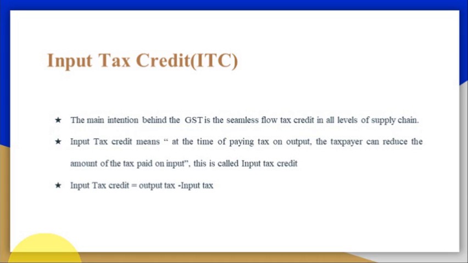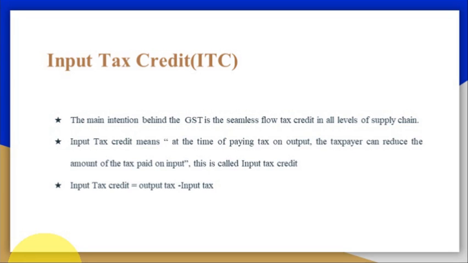In the previous indirect tax regime, there was a cascading effect, so the consumer suffered more because the cost of the goods was very high, as tax was imposed at every level of the supply chain.